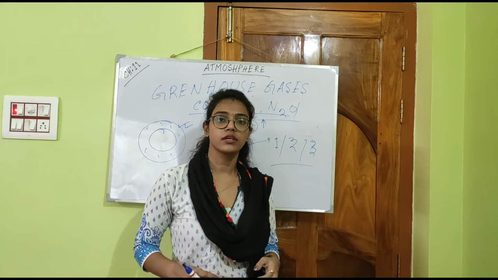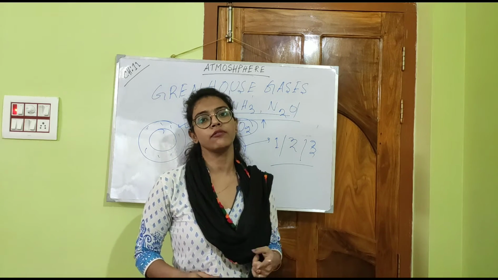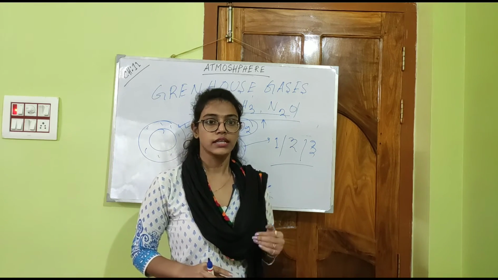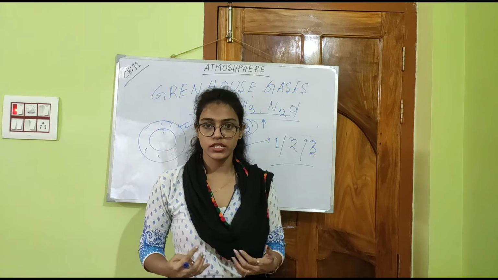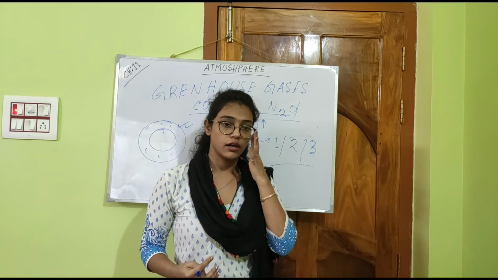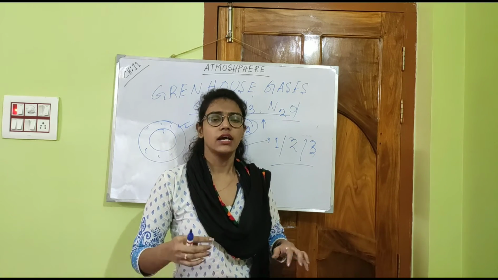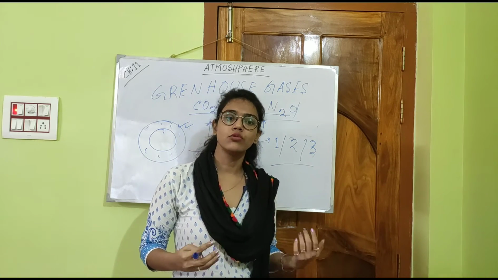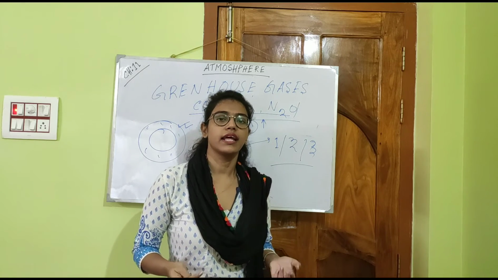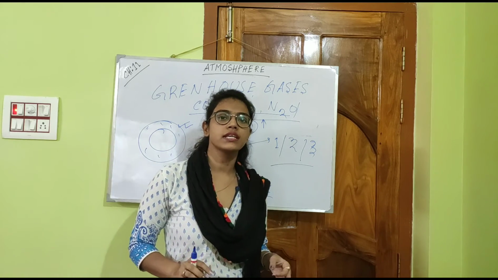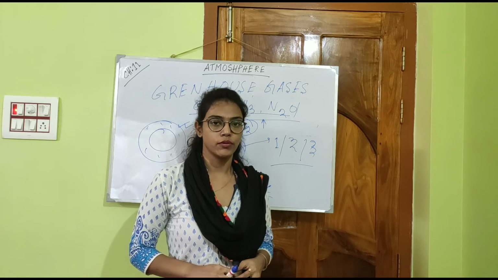So we should not cut down trees. The main thing is, we should not cut down the trees. We should save the trees. We should use reusable things. We should not use plastics. Nowadays you know how to save the earth. So that is all related to our global warming.